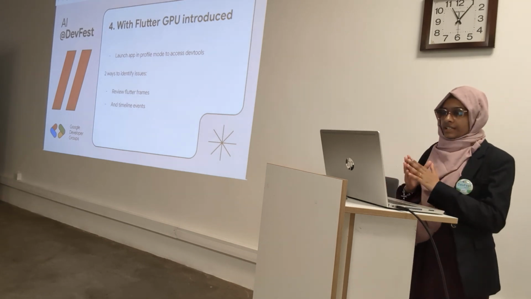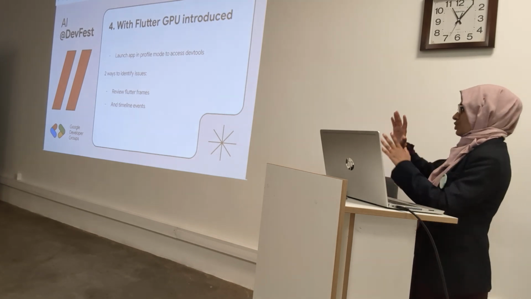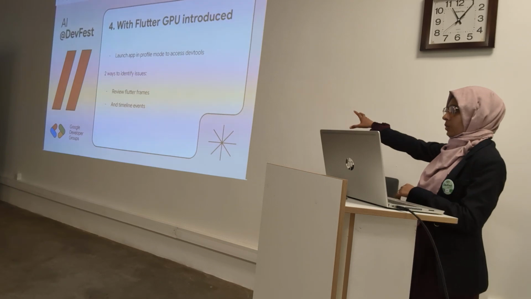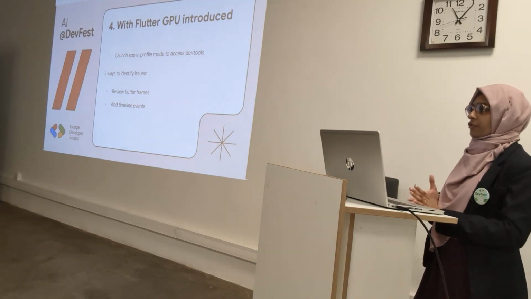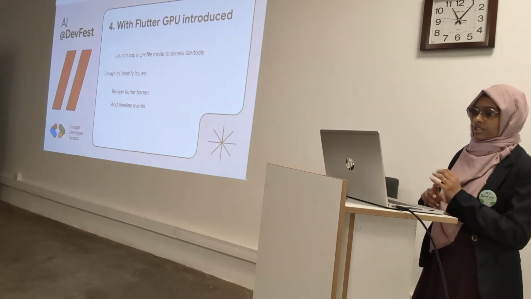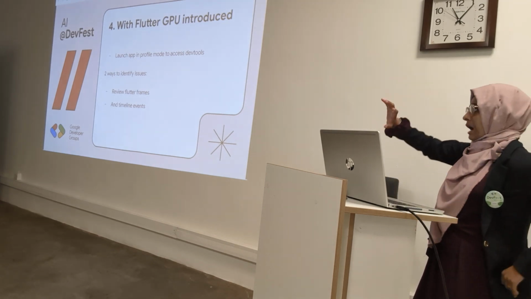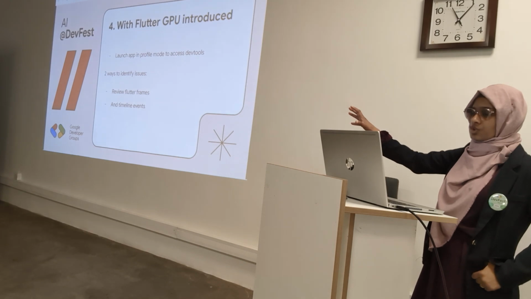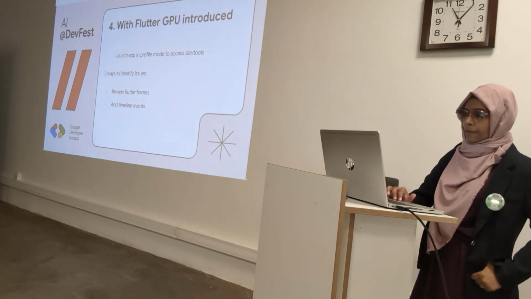Shaders usually control everything that you can see on your UI: every pixel, colors, and everything. You have two types of shaders. Vertex shaders determine how things appear on your screen, and fragment shaders determine the colors of these pixels.